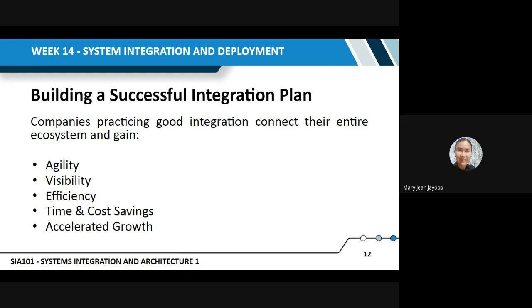Of course, this is the number one benefit that an integration of system can give, no? Time and cost savings by eliminating manual processes and costly legacy systems. So IT resources can focus on strategic activities.